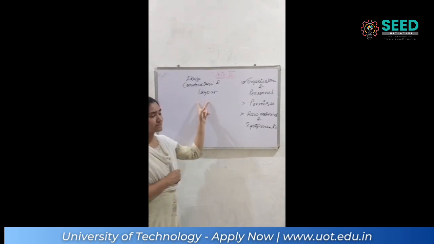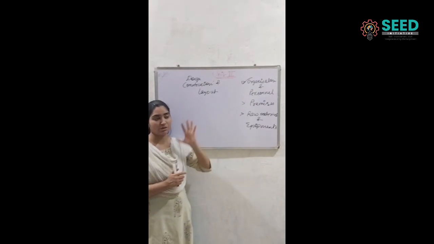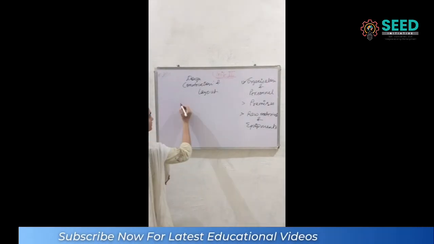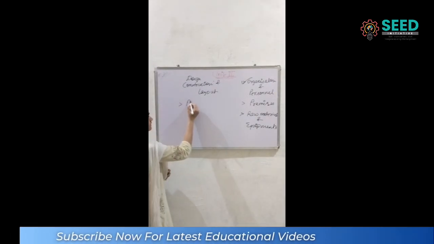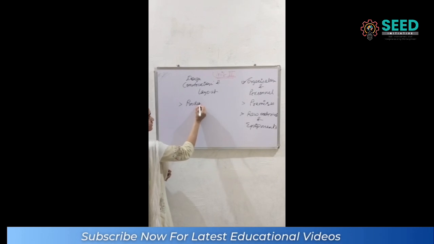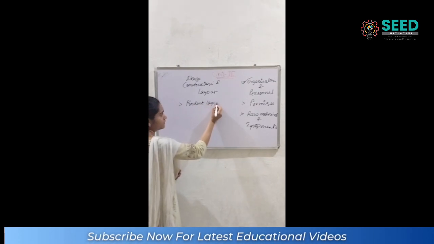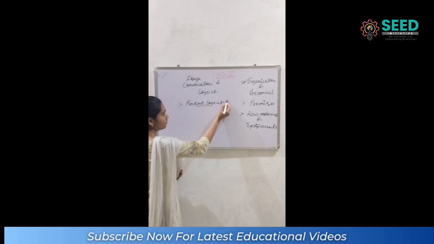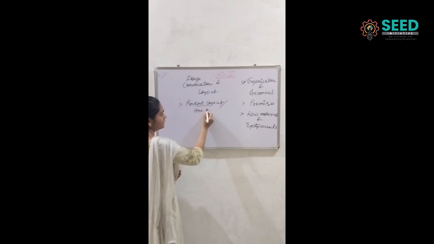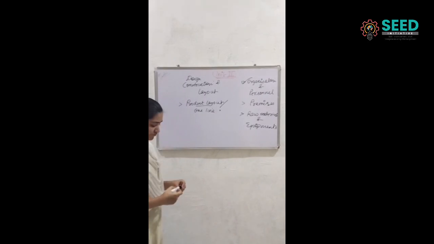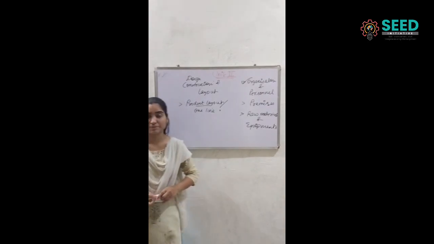Now let us know about the layout. There are basically 4 types of layouts which we are going through. The first will be production layout, also called one line layout. What is the meaning of product layout or one line layout?